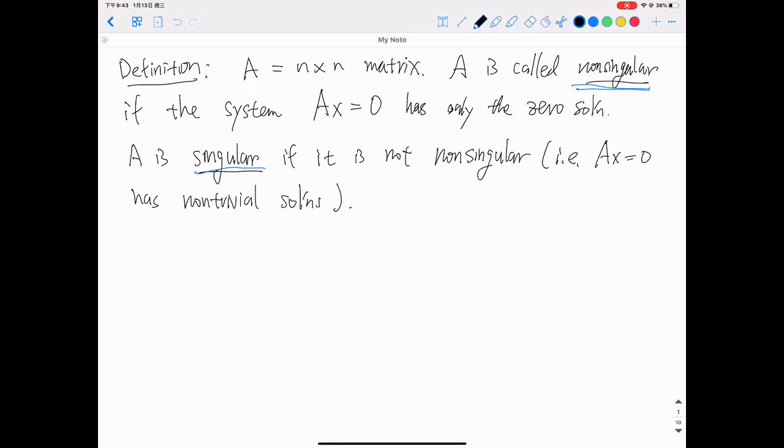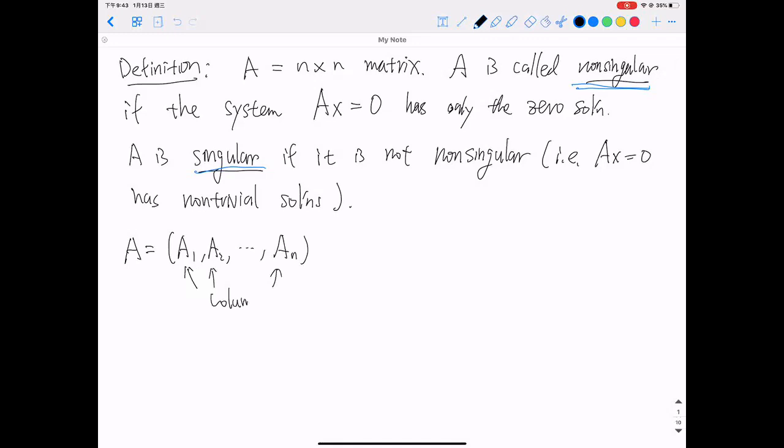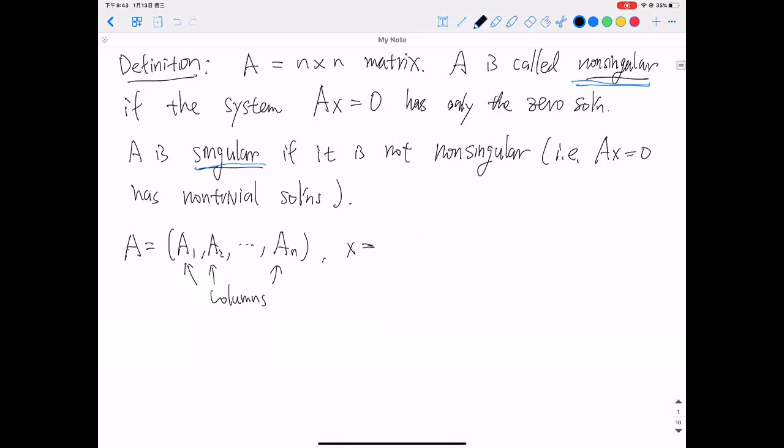Now, as you recall, we can also write A in its columns. We should also say X, the vector, has components or entries x1 through xn.